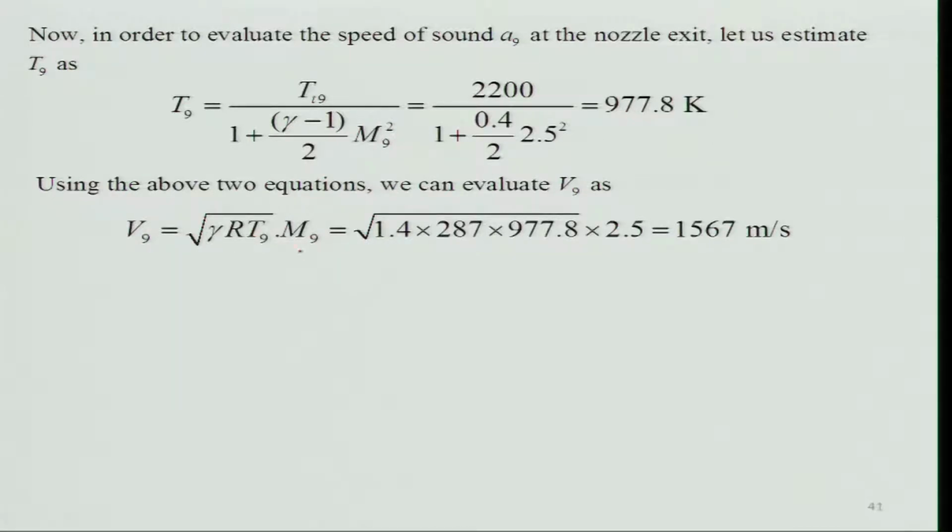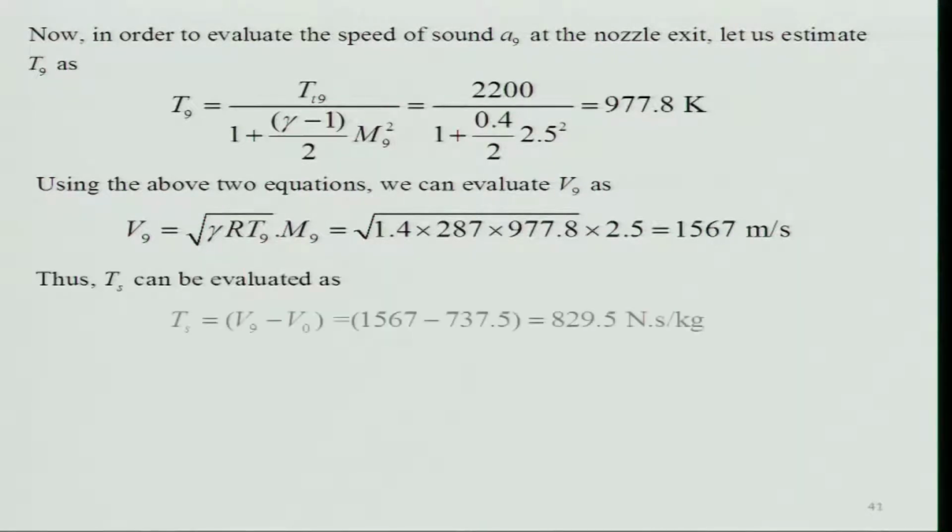I know this V9 and I know the M0, I can find out. So this V9 happens to be 1567 meter per second, which is not same as the flight velocity, which is 700 odd numbers, right? So when you substitute these values, you will get 829.5 Newton second per kg, and you will see that it is almost same as that of the earlier method.